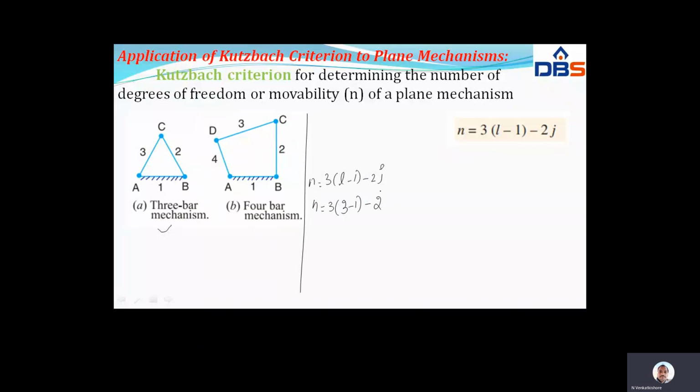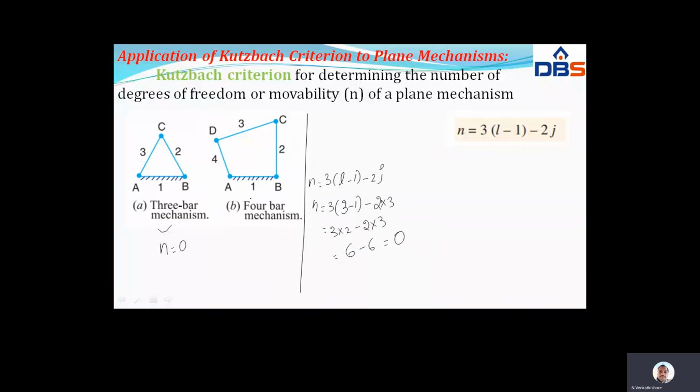Here j means not just joints, it is purely binary joints. Binary joints means when two links are connected at the same joint. So here the number of binary joints is 3. So 3 into 2 minus 3 into 2, that is 6 minus 6, which equals 0. So for figure A, n equals 0.